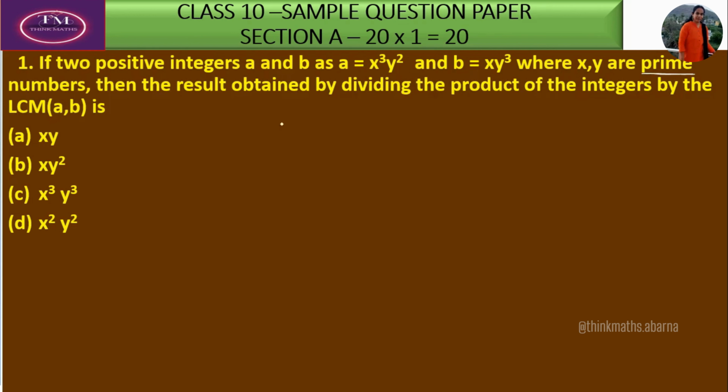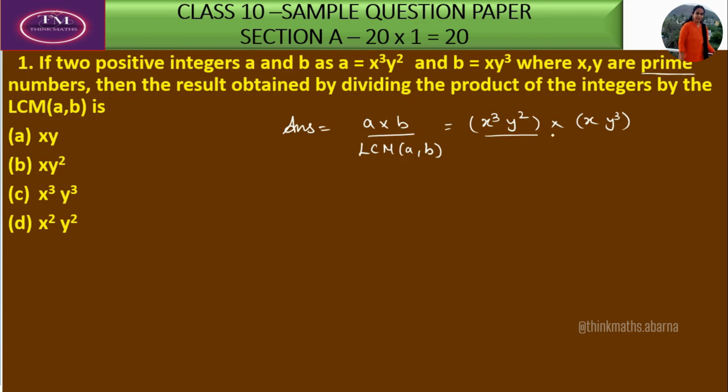Now what is given? We have to find the answer, which is obtained by dividing the product of the integers, a and b, by the LCM of a, b. We already know a and b: a is x cube y square, and b is x y cube.